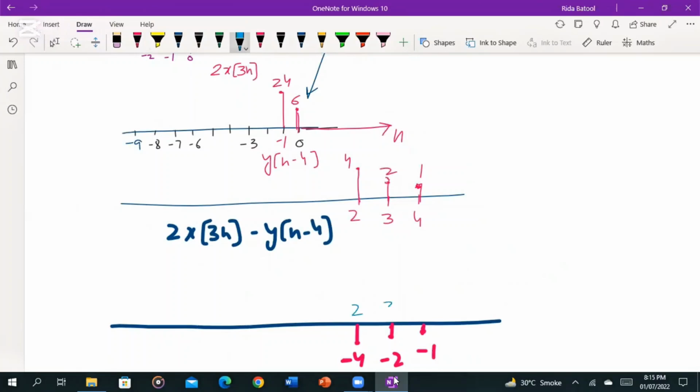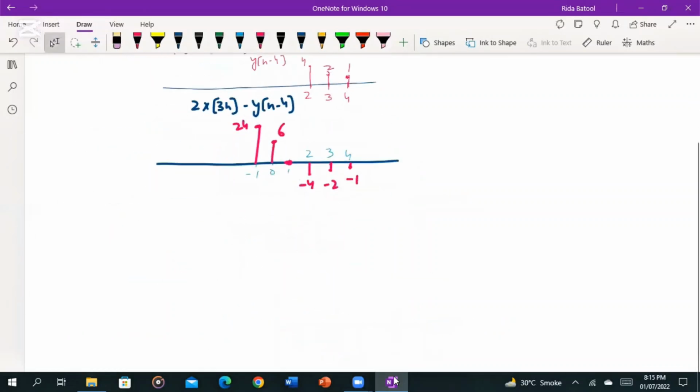It would be 2, 3, 4, 1, 0, minus 1. So now we will get 24 at minus 1, because 24 minus 0 would be 24. 6 minus 0 would be 6. And at 1 there is nothing. So this is the right answer. This is the final answer.